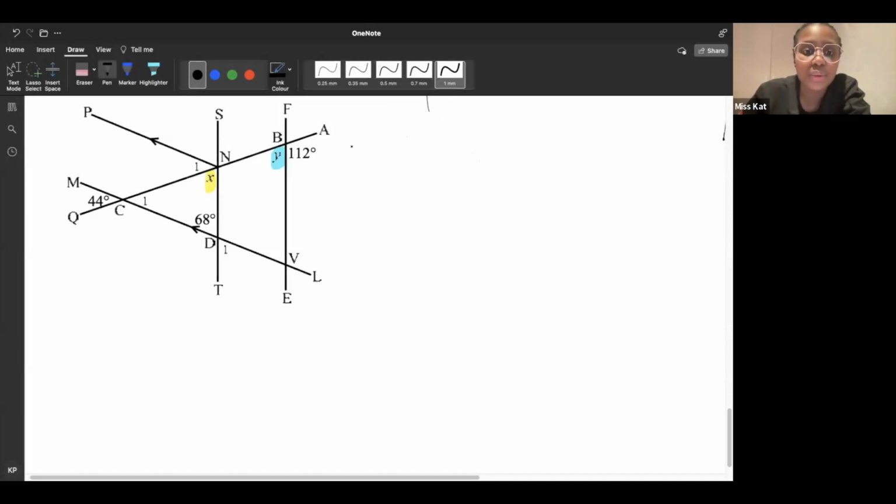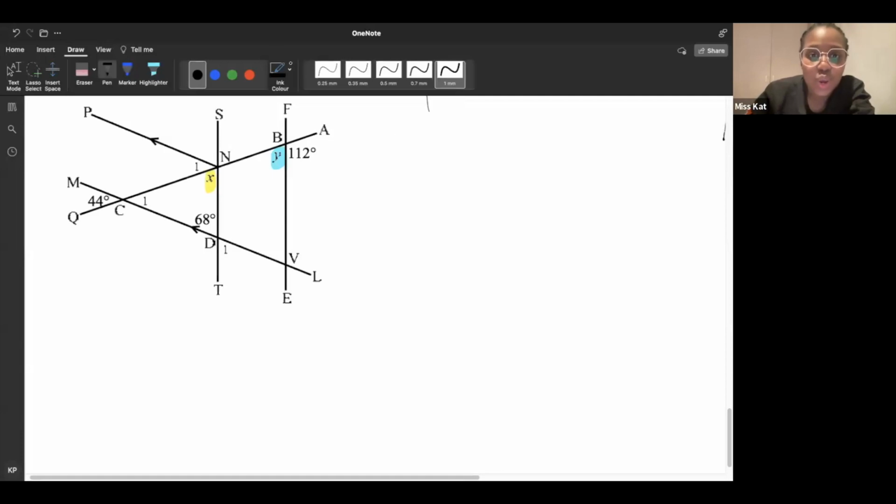And then you're going to times that by 2 and you're going to get 224. And then you're going to say 360 minus 224. It will give you 136. And then divide 136 by 2, you will get 68, and that's how you get Y.